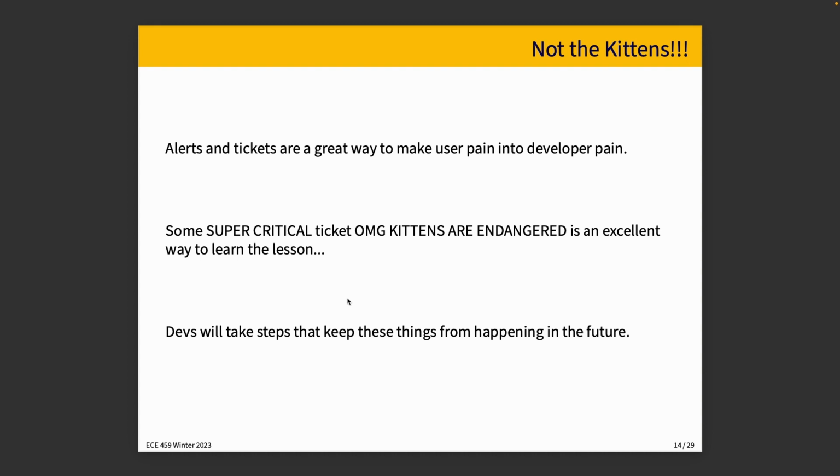Now, super critical, OMG, kittens are endangered situations really shouldn't happen commonly, but when they do, it's highly motivating in terms of you need to address this, right? You'll make good processes, you'll have good monitoring, you will test your code a little bit better.